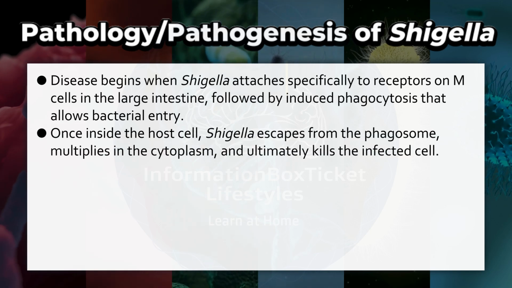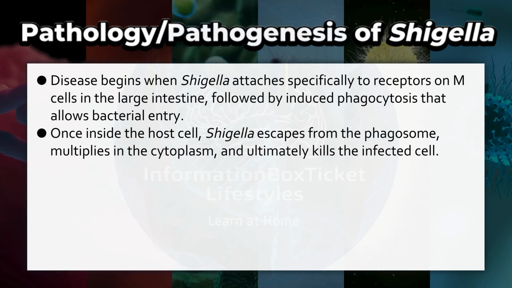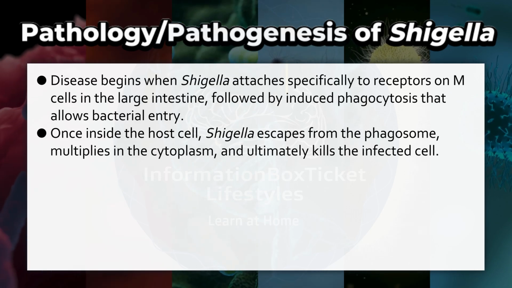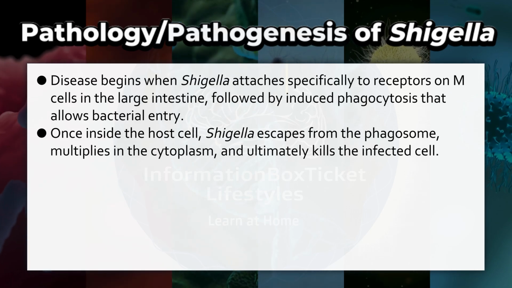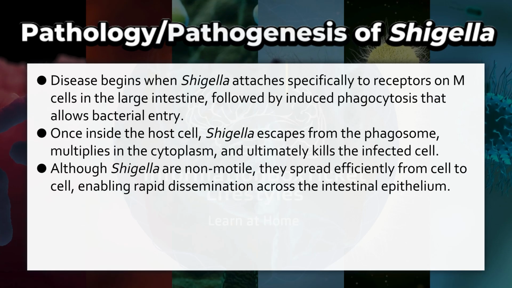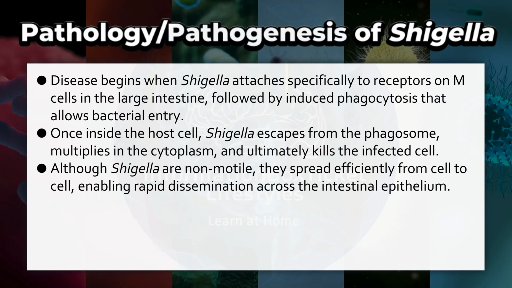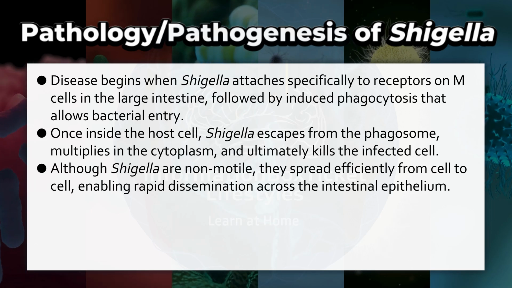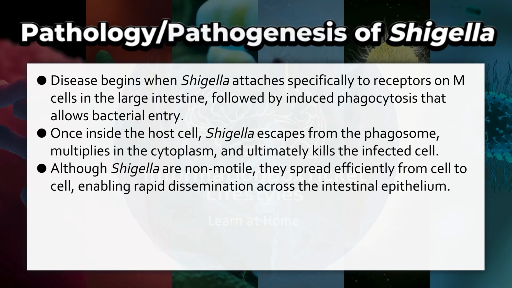Once inside the host cell, Shigella escapes from the phagosome, multiplies in the cytoplasm, and ultimately kills the infected cell. Although Shigella are non-motile, they spread efficiently from cell to cell, enabling rapid dissemination across the intestinal epithelium.